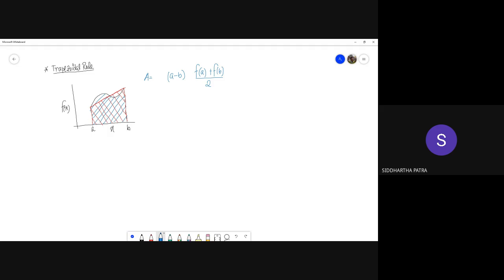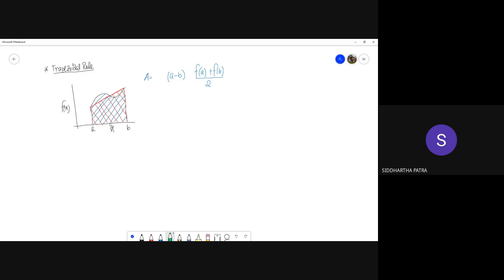Okay, now one might argue whether the rectangular rule and the trapezoidal rule are supposed to give you the same value, but they are not going to give you the same value, although the order of accuracy would be the same. Why aren't they going to give you the same value?